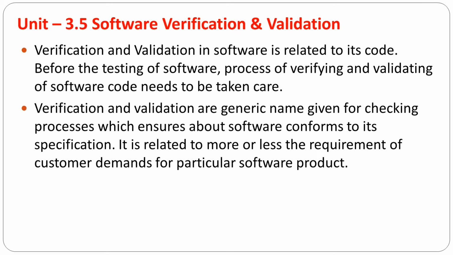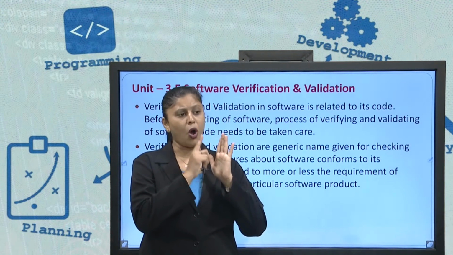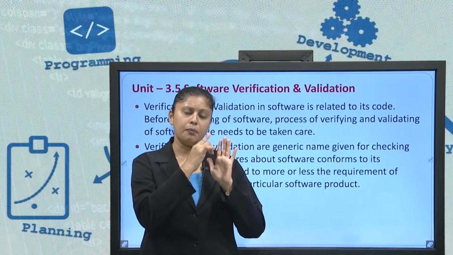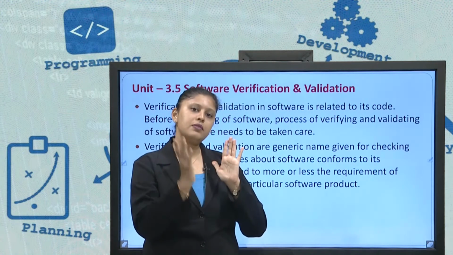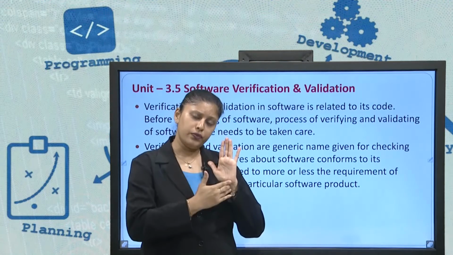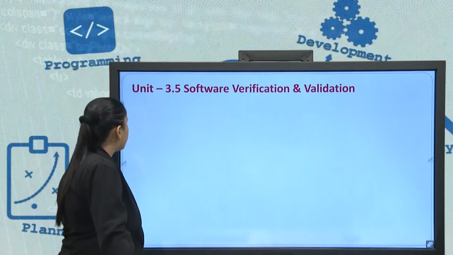It is more or less related to the requirements of customer demands for a particular software product. My customer has given specifications, and all those are called customer demands. Whether my customer is getting all those demands fulfilled within my software or not comes under verification and validation.